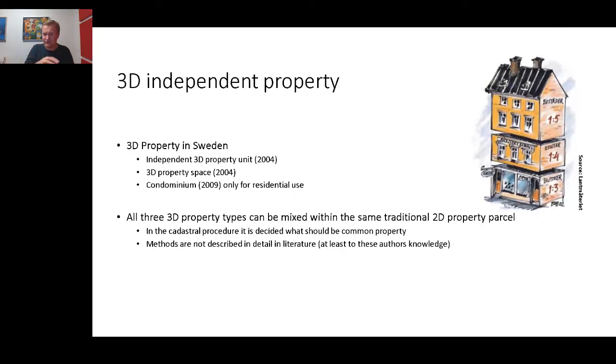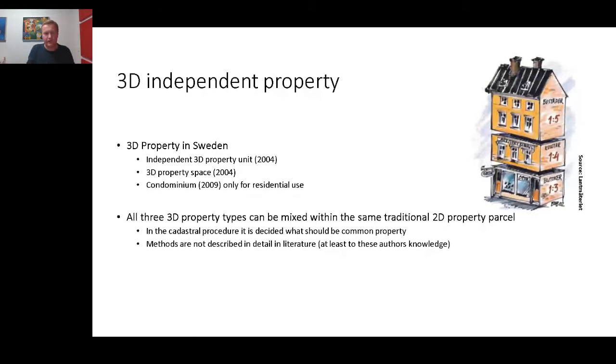And that led to the solution of the independent 3D property that was implemented in Sweden in 2004, and also another 3D property space, but I will not go into details about that one. You can read more about that in the paper. The important thing is to understand the 3D property specifications.